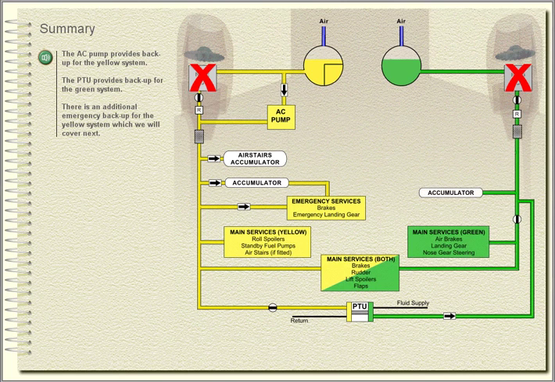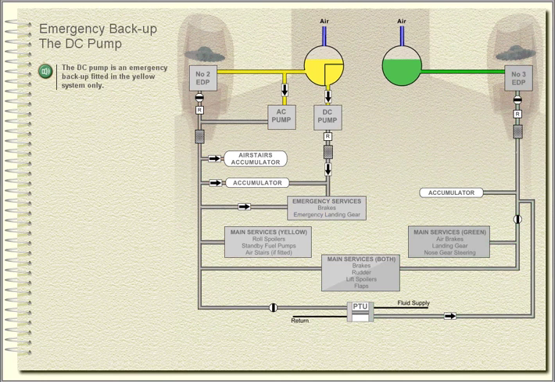There is an additional emergency backup for the yellow system, which we will cover next. Emergency backup, the DC pump. The DC pump is an emergency backup fitted in the yellow system only.